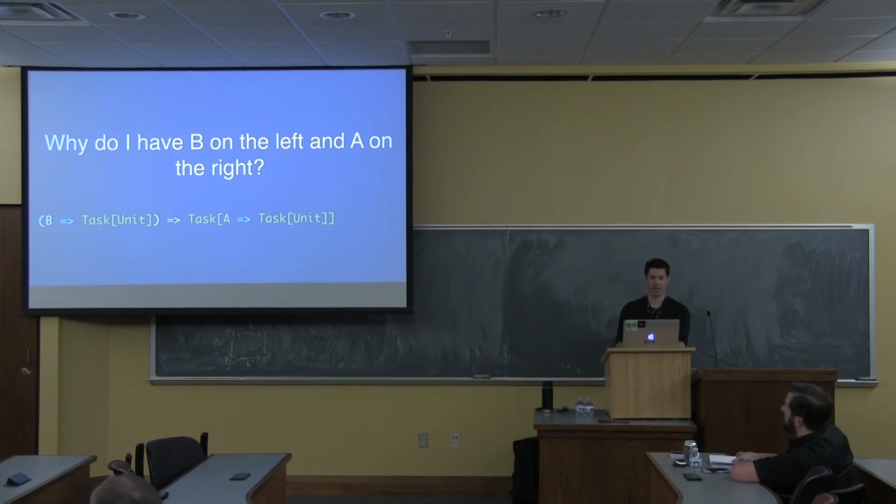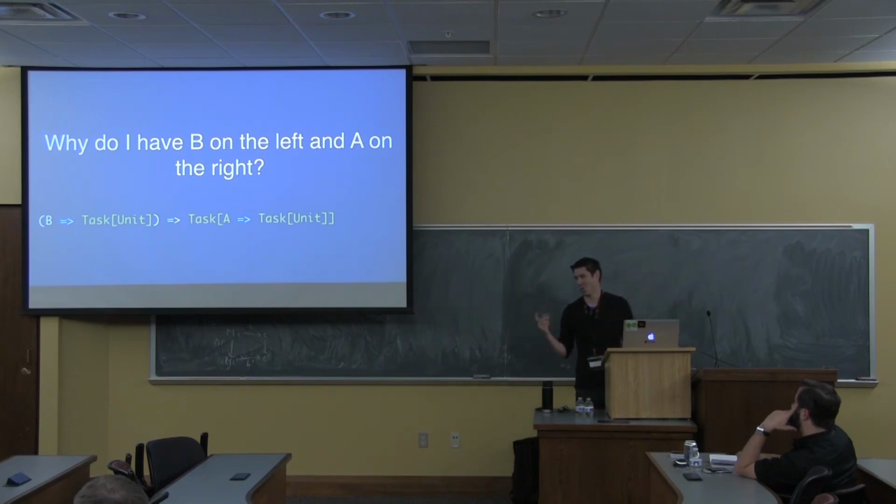All right, so let's get back to this question of why do I have a B on the left and an A on the right? So what's my output here? This is the weird part. This is the kind of mind-bending part of my talk, so forgive me. But the output is the fact that I'm passing a function in that is going to take data, and I'm consuming the B, right?